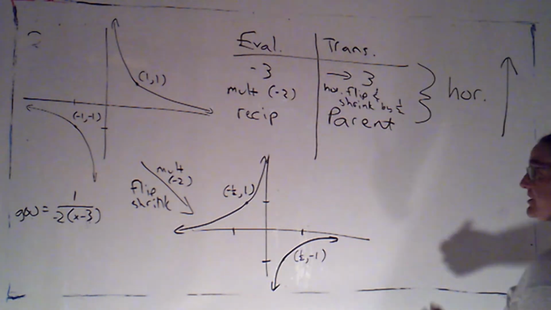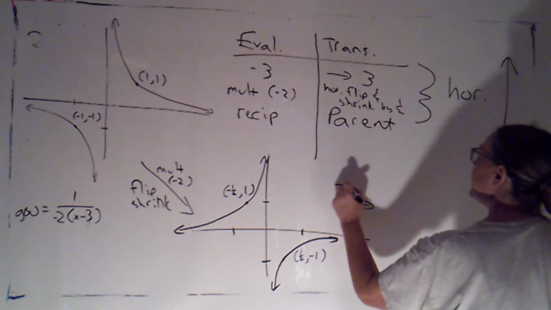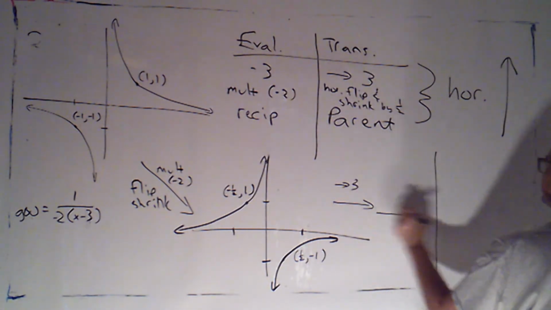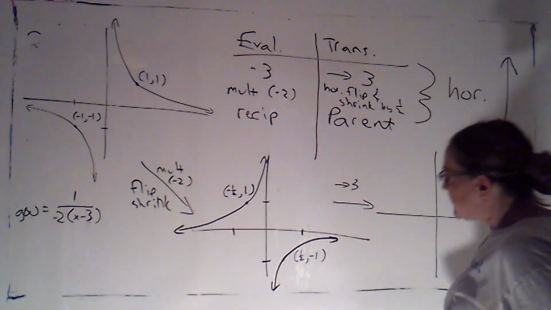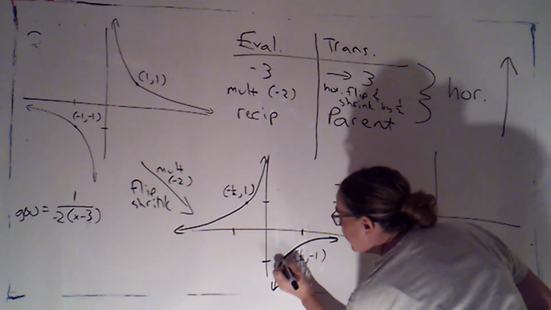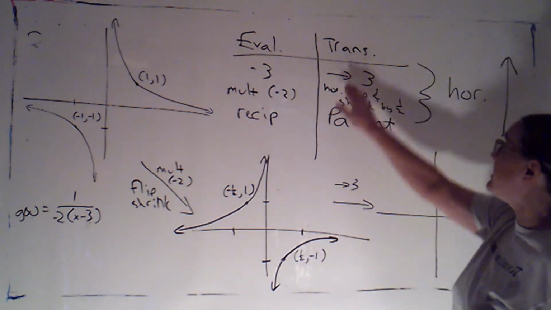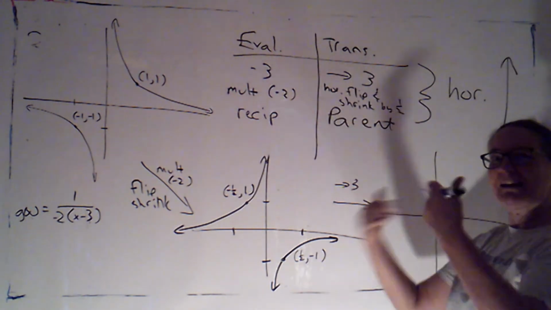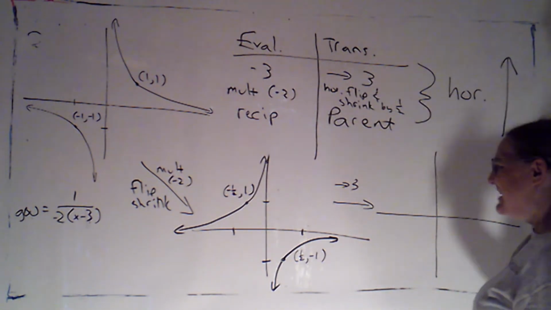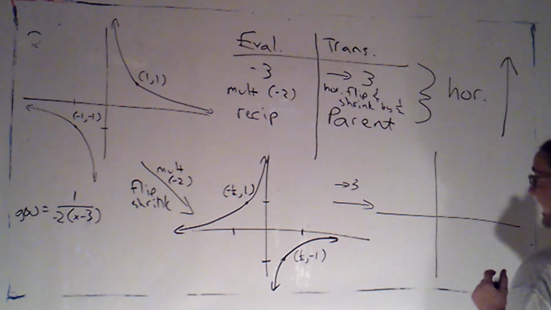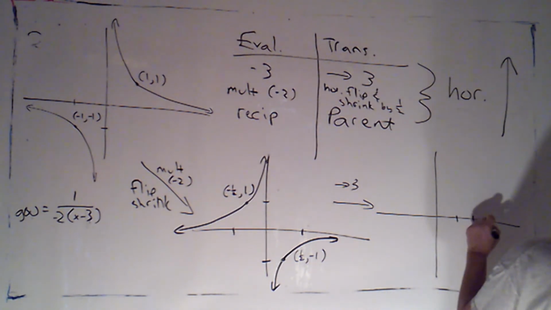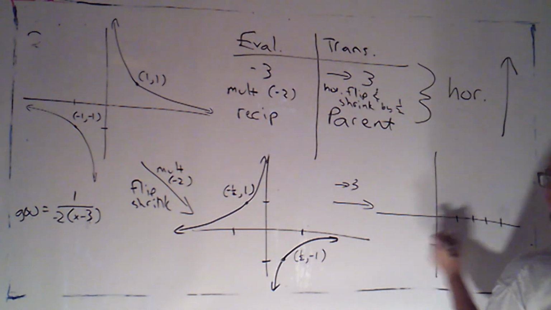Now I'm going to shift things 3 units to the right. So this point here, which had an x value of 1/2, now I'm going to do the opposite of subtracting 3. So I'm going to add 3 to that. So it's going to become 3½ or 7/2, -1.